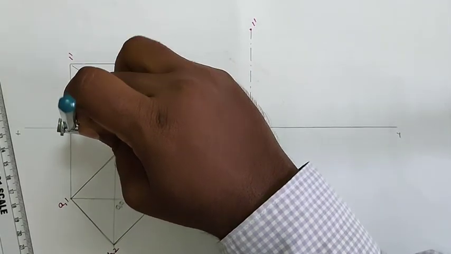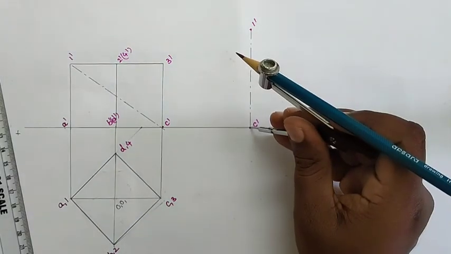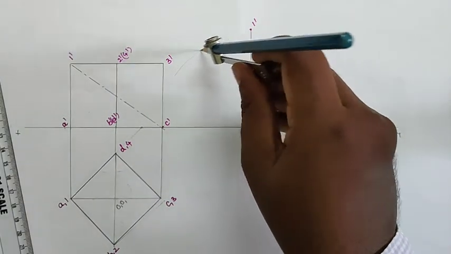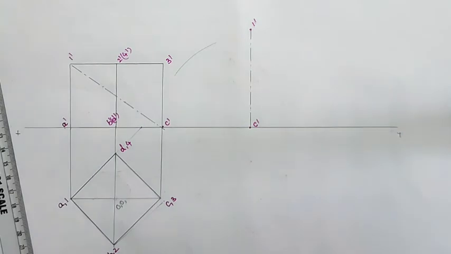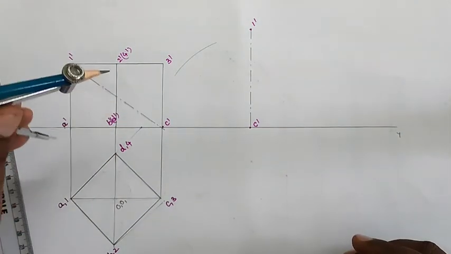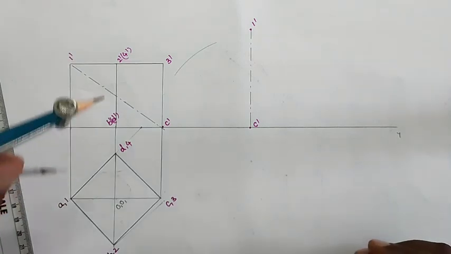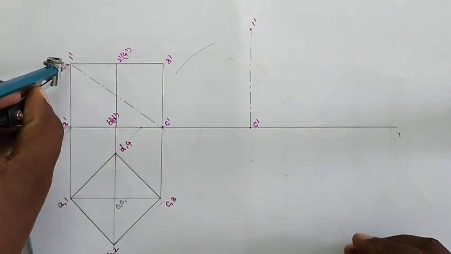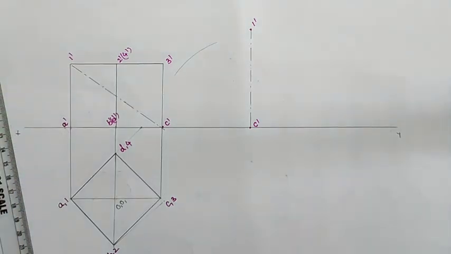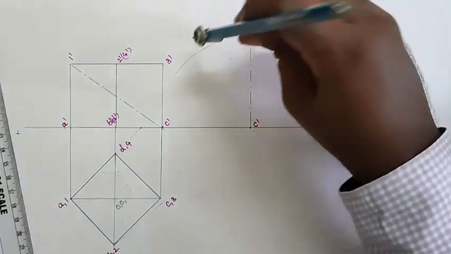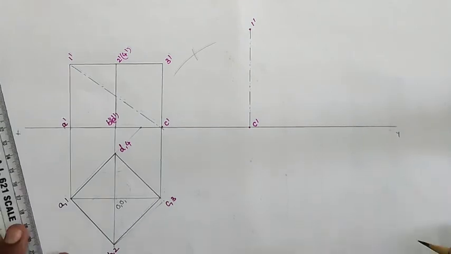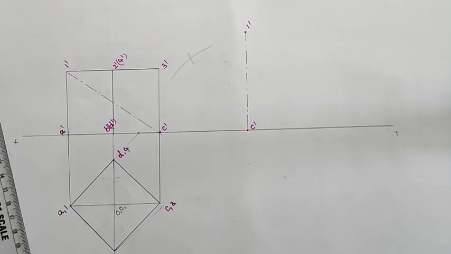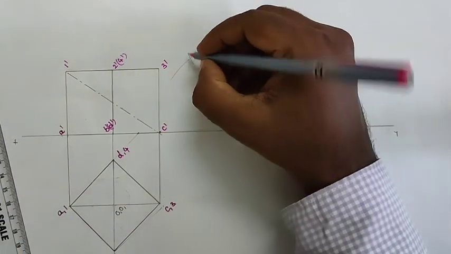With the length of C dash and A dash, I am drawing an arc here. And similarly, with the length of 1 dash to A dash, I am intersecting this arc and locating point A dash here.